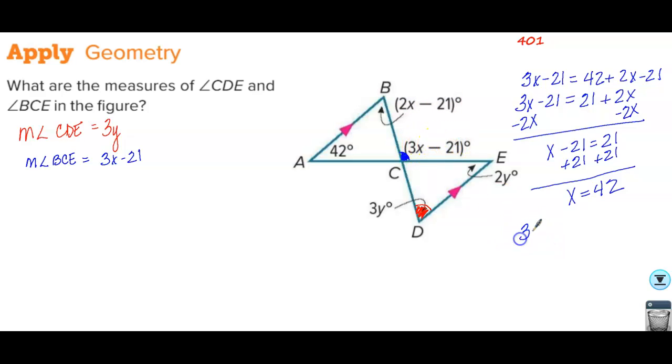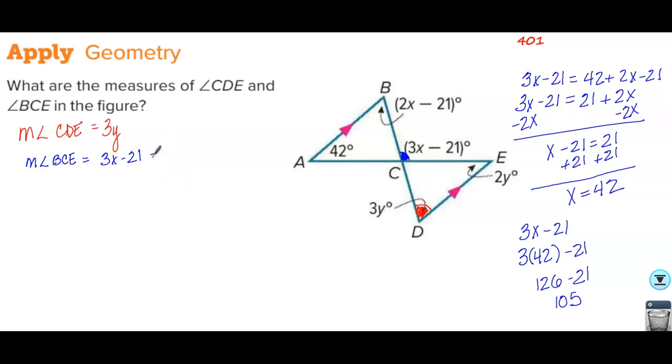So we take the 3x minus 21, we take out the x and we put in the 42 minus 21. 3 times 42 is 126. Doing math in my head, very dangerous. And let's see, 126 minus 21 would be 105. Okay, so that would tell us that the measure of this angle is 105.